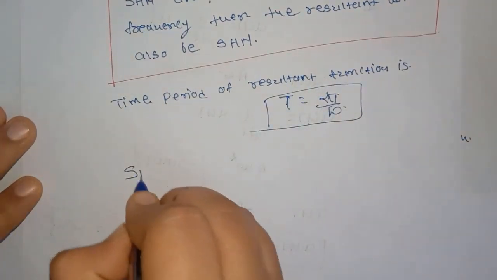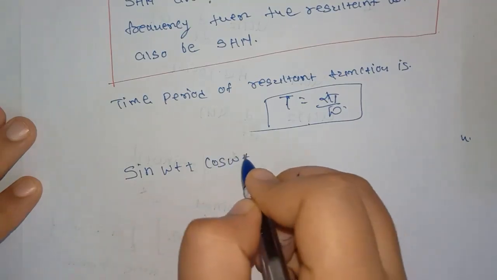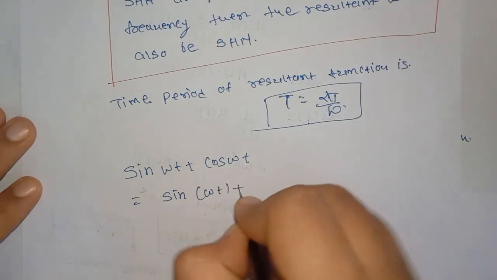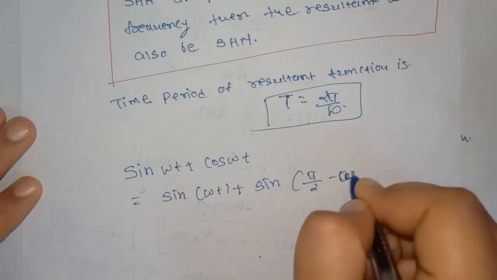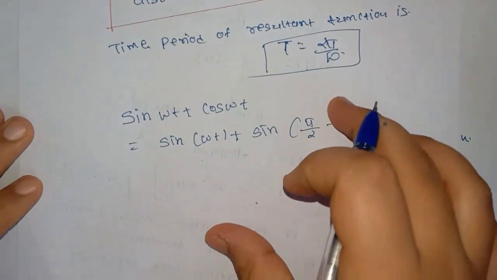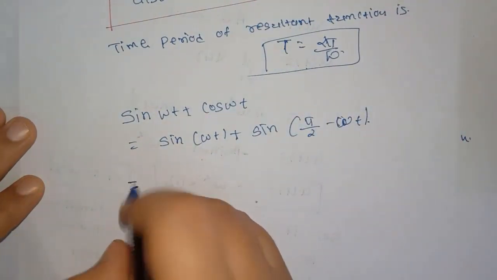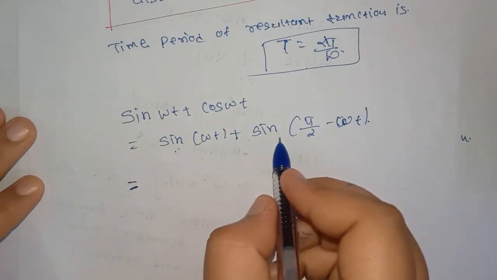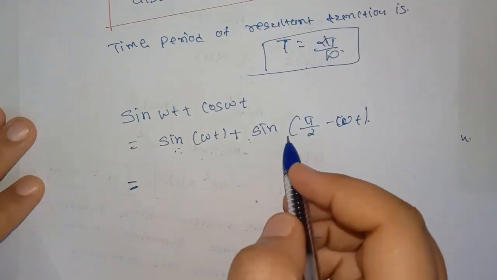Here the function sin omega t plus cos omega t can be written as sin omega t plus sin of pi by 2 minus omega t, because sin of pi by 2 minus theta is cos theta. So this can be written using sin C plus sin D equals 2 sin of (C plus D) by 2 into cos of (C minus D) by 2.